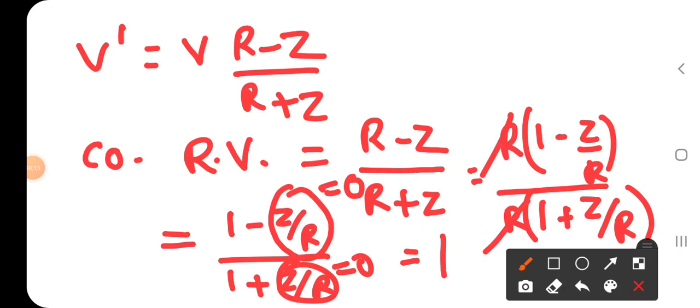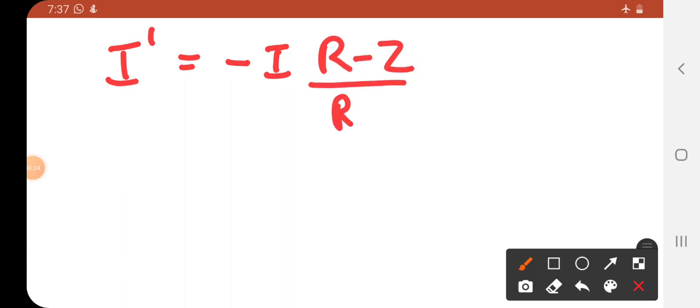And what about the reflected current? That is I dash is equal to minus I into R minus Z by R plus Z. So here what is the coefficient of reflected current?